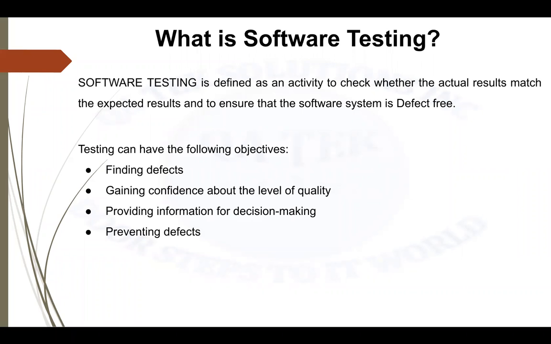The first thing is finding defects, definitely. The ultimate goal of software testing is to make sure the software is bug-free, with no issues. So whenever we perform testing on software, with that intention, we need to find as many defects as we can, so that when it goes to the customer or end user, they feel happy about it.